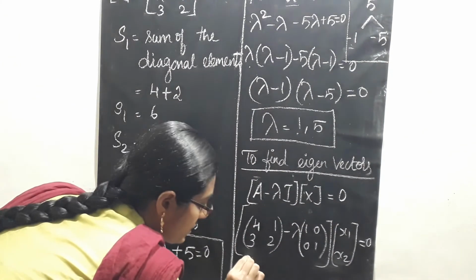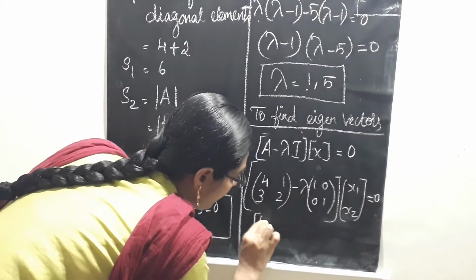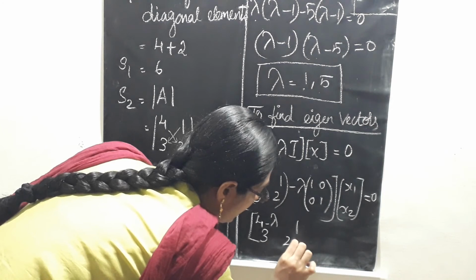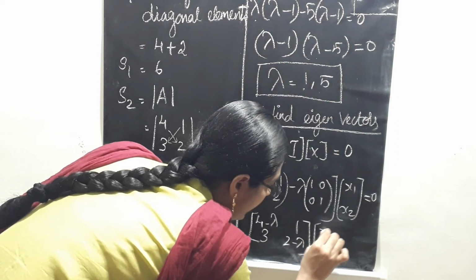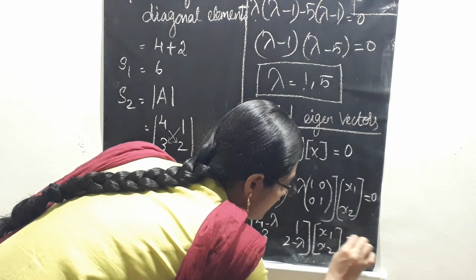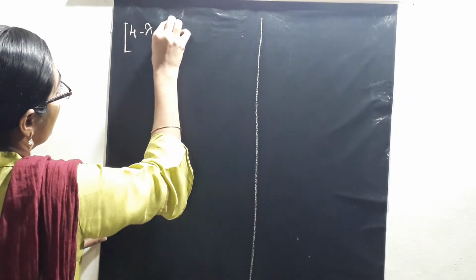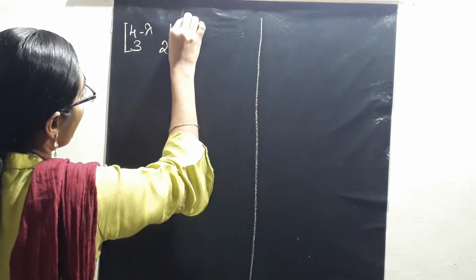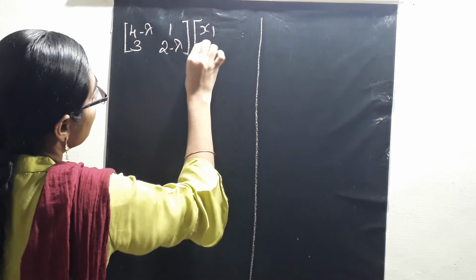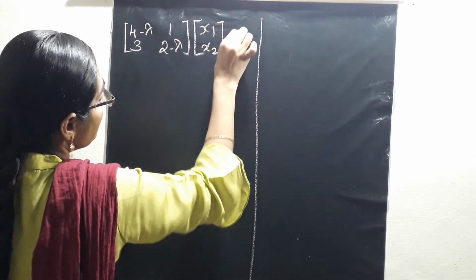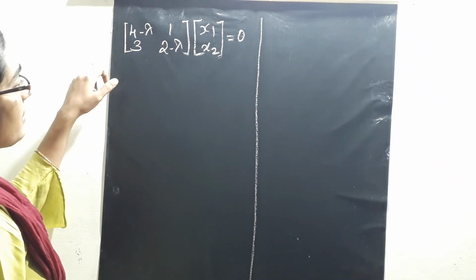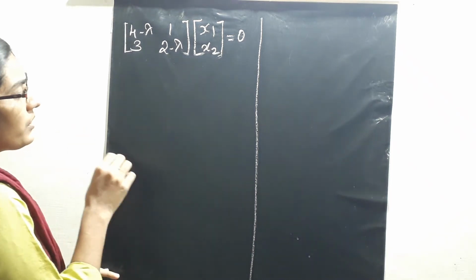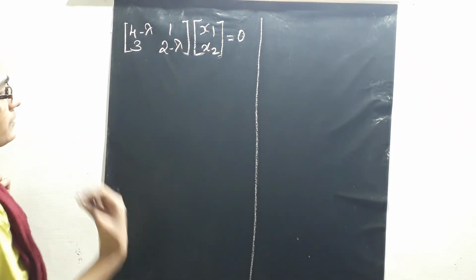If you simplify it, you will get 4 minus lambda 1, 3, 2 minus lambda into x1, x2 equal to 0. So this is the required equation for finding the eigenvector. Here we need to substitute each eigenvalue to find the corresponding eigenvector.